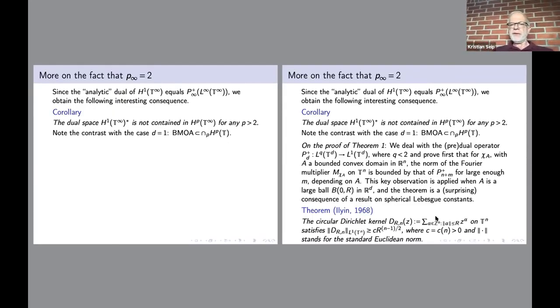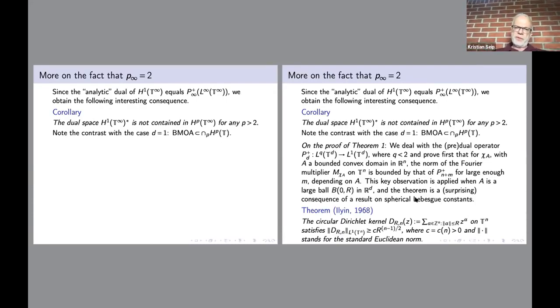I put here an indication of the proof, but I think it's better that I skip it because otherwise I wouldn't be able to come to the third result that I wanted to mention. But this ends this first example of something interesting happening when we go from one to infinite dimension.